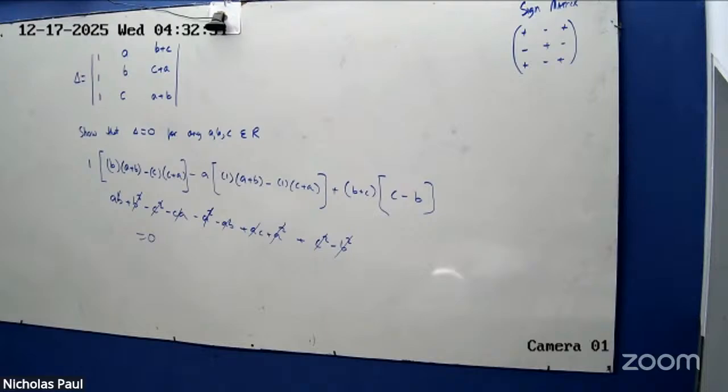The determinant becomes k by the original value. So if you multiply a row by 3, the determinant will now become 3 by whatever the old determinant was. That's okay?